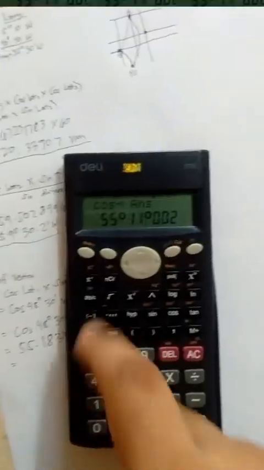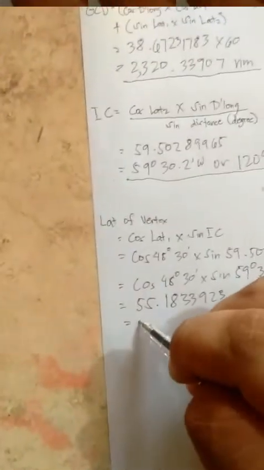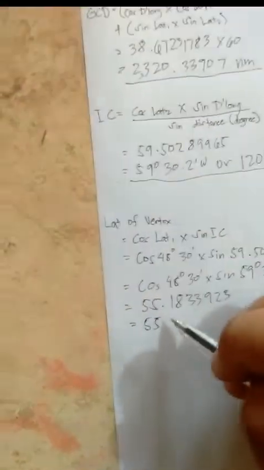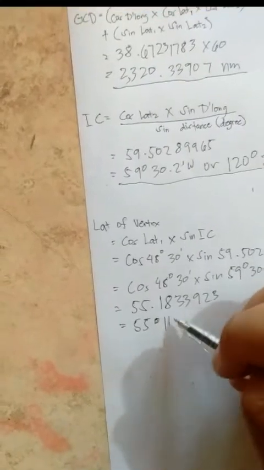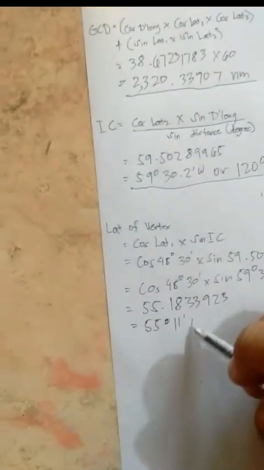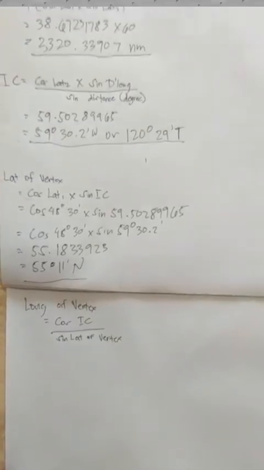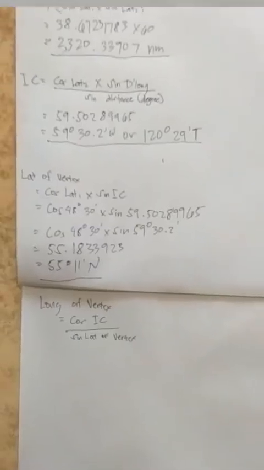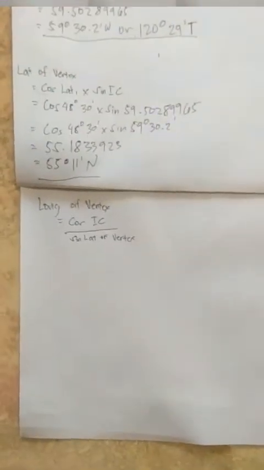You have 55 degrees 11 minutes north. So this is our latitude of vertex. After getting the latitude of vertex, let's move to longitude of vertex.